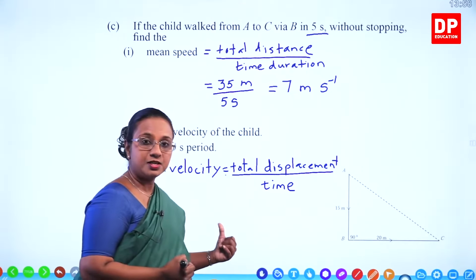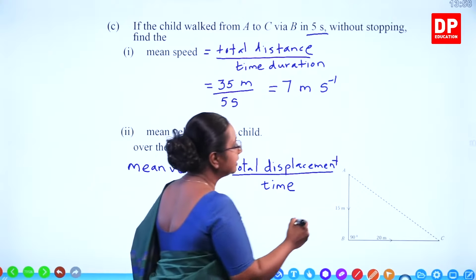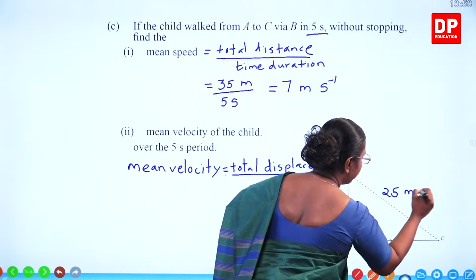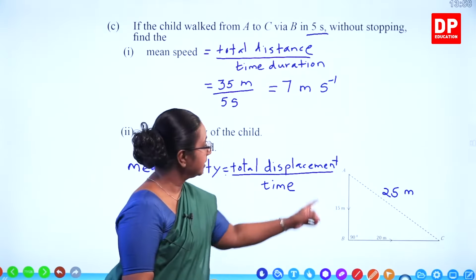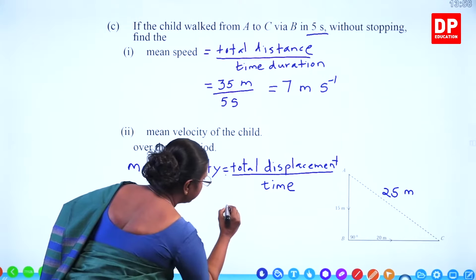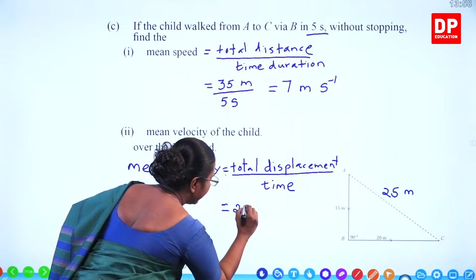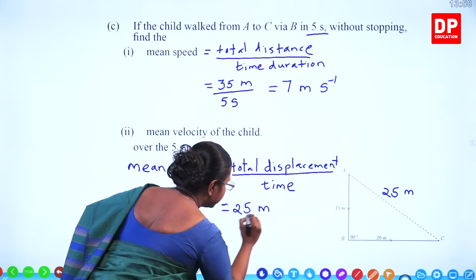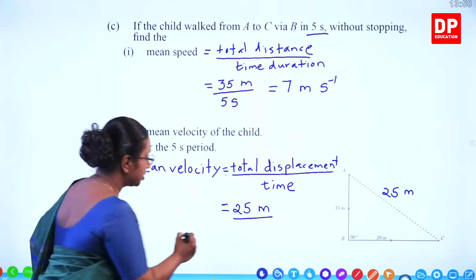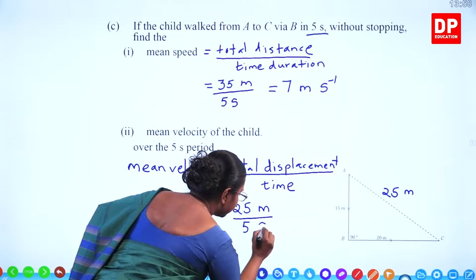And in the previous question, we calculated the displacement as 25 meters from A to C. The length was 25 meters. So we can substitute that value here, 25 meters divided by again the same time duration, 5 seconds.